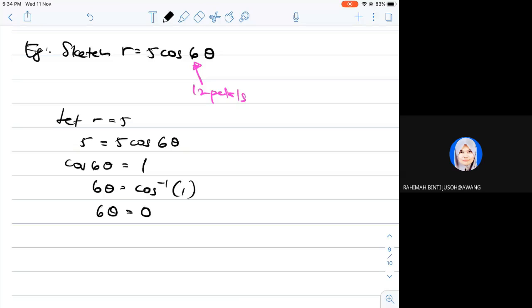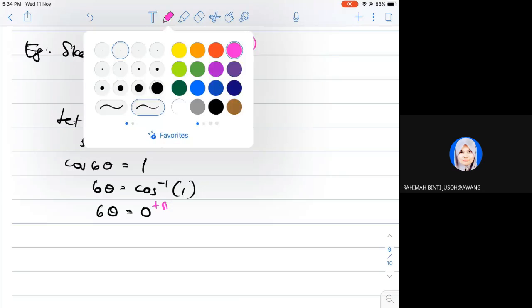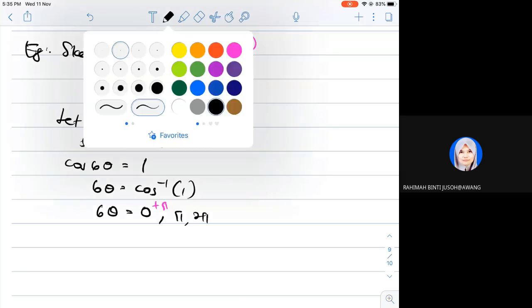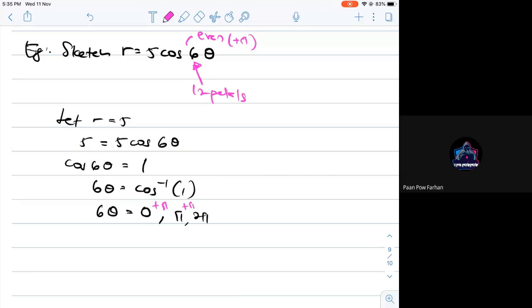Again, since this is even, you have to plus pi. Just add pi. So you need to plus pi. Okay? So 0 plus pi is pi. Plus pi again, 2 pi. Plus pi, 3 pi.